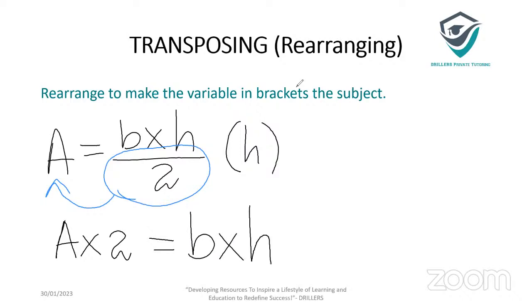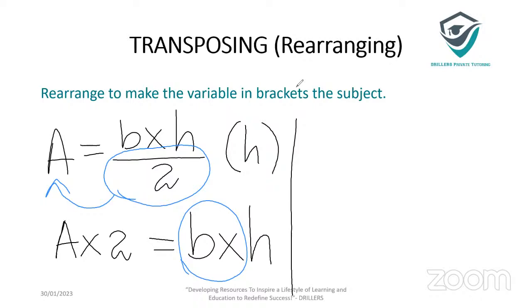But we're not done, because that's not what they asked us to find. They asked us to find h. So now, because I want to isolate h, I now have to move this multiplied by b. So I have h multiplied by b, or b multiplied by h is the same thing. I want to move that multiplied by b. So of course, you're going to do the opposite. The opposite of multiply is to divide.